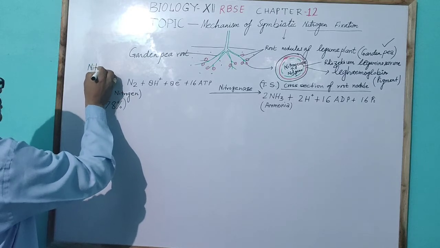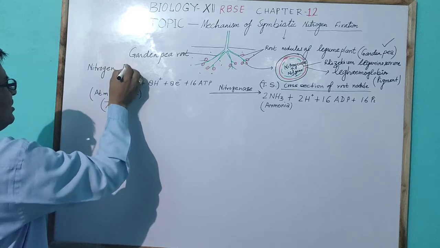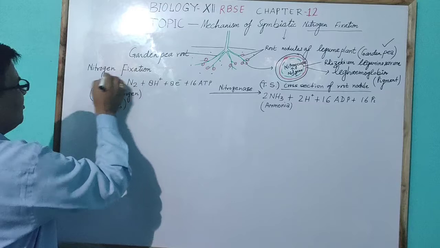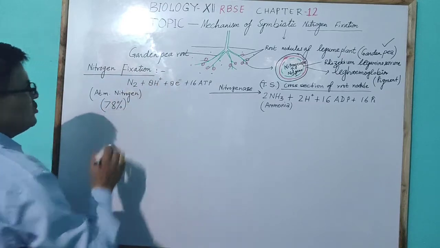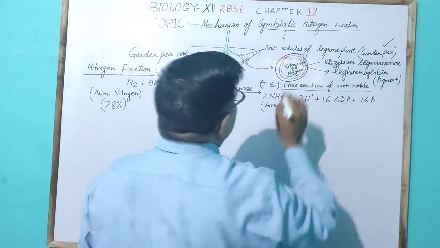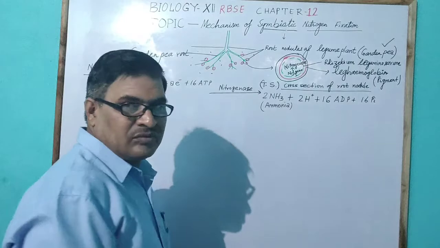Because this nitrogen fixation occurs by Rhizobium, it is called symbiotic nitrogen fixation.